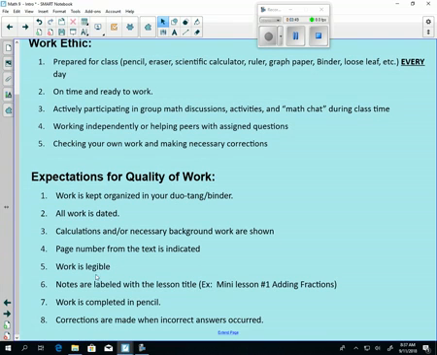Write clearly and legibly so I can understand it. Indicate the title, for instance, mini lesson number 1, adding fractions. That could be a lesson that you would complete and submit to me. If it's a pre-test, indicate that it is a pre-test. Please do your work in pencil, and when you have it corrected, please come and see me and we can go over any corrections, so you don't repeat them.